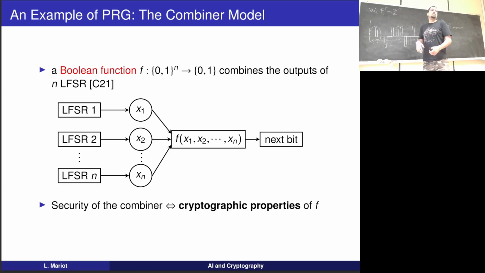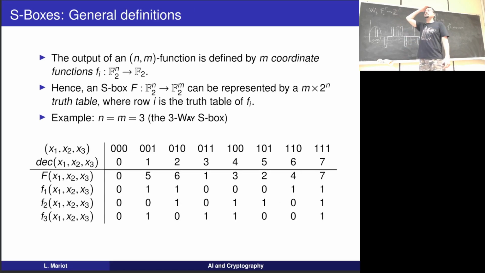In general, you can have vectorial Boolean functions of n inputs and m outputs, but for the most part we will focus on the case of n inputs and n outputs. For the general definition, we consider n and m, so we call an Sbox with n inputs and m outputs an (n,m) function.